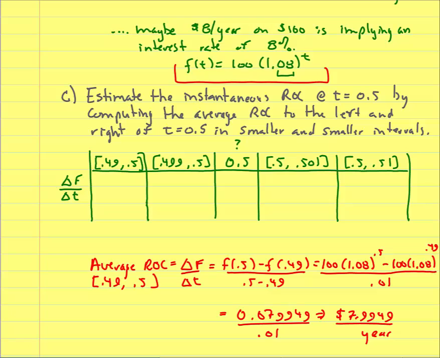So that's getting me a really close idea to my actual interest rate. So the way that this looks up here then, this numerator 0.079949 over 0.01 was my difference, and then my actual answer was 7.9949, my rate of change over that interval.